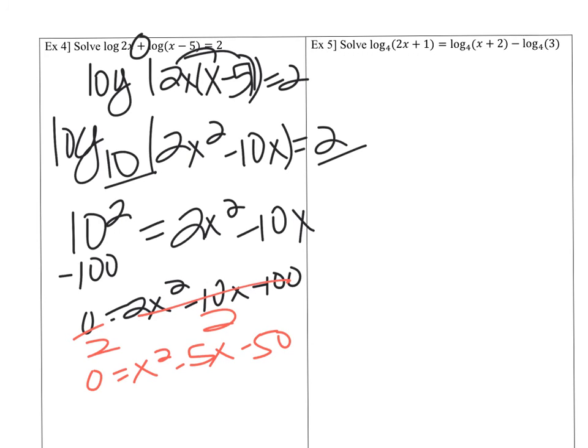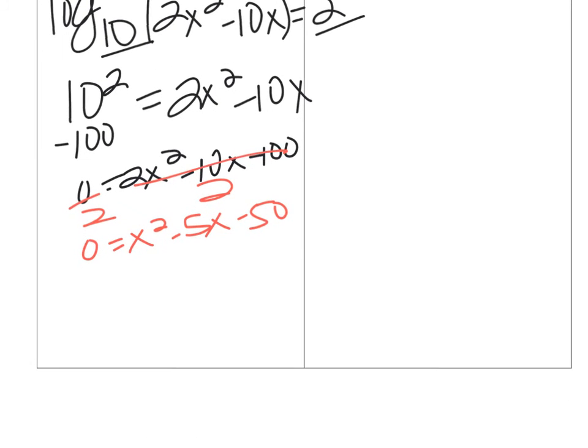AC method. We have a 1 for the A, and we have a negative 50 for the C. So 1 times negative 50 is negative 50. What would multiply to get negative 50, but add to make negative 5? I know, negative 10 and positive 5. Since your A is 1, that's what's going to be in the parentheses with the x.